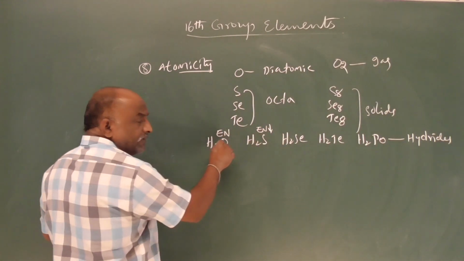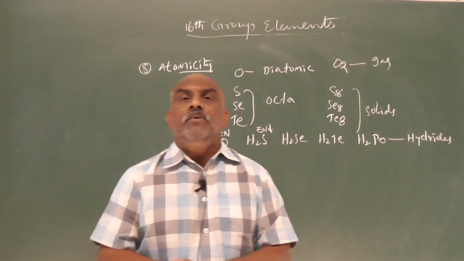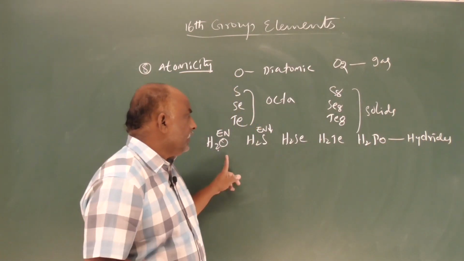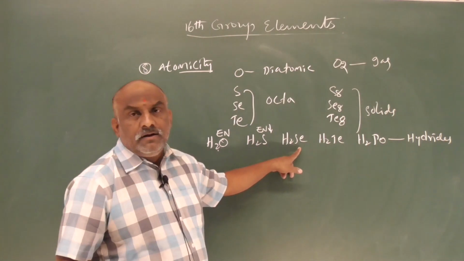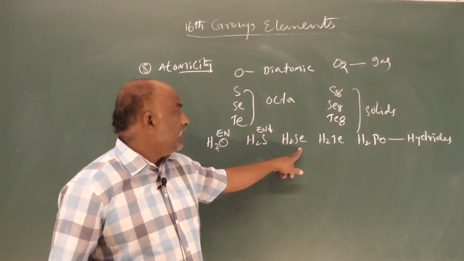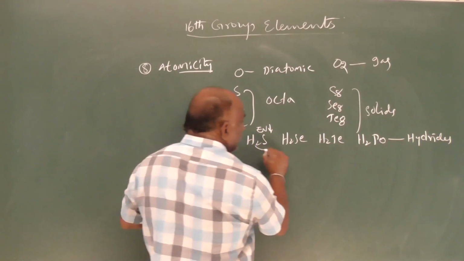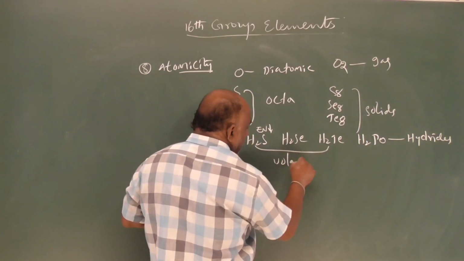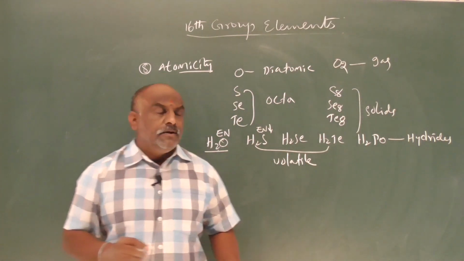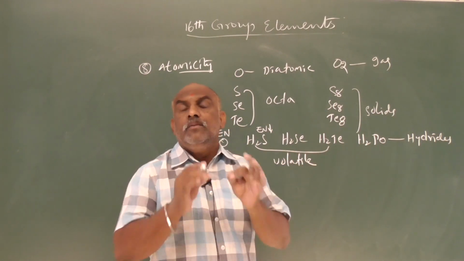Due to this, water is associated with intermolecular hydrogen bonding. The remaining are not, since their electronegativity is less. Due to that reason, all of these are volatile except water. Except water, the remaining are volatile and poisonous.